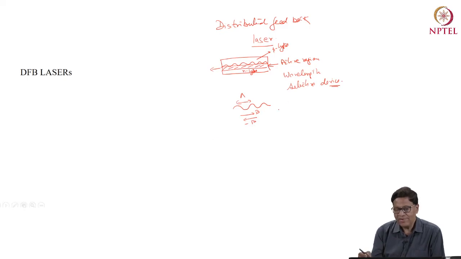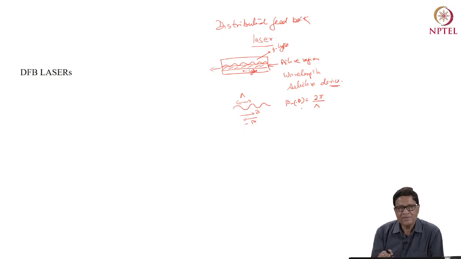If the reflected light meets this condition, there is beta propagation and the reflected part will be minus beta. If this is equal to 2 pi over lambda, then there is a strong coupling of the light. So only the light defined by this expression, only that particular wavelength, will be reflected back.